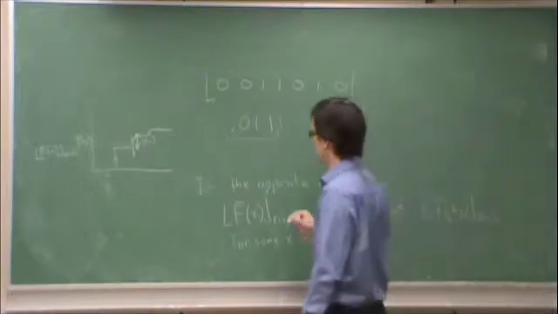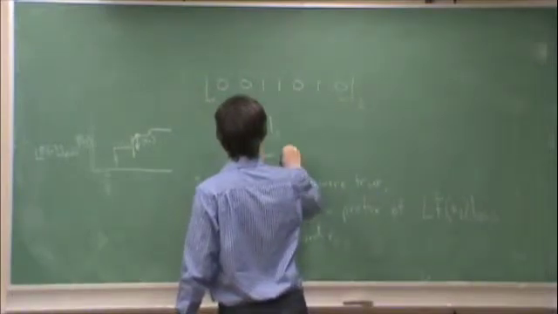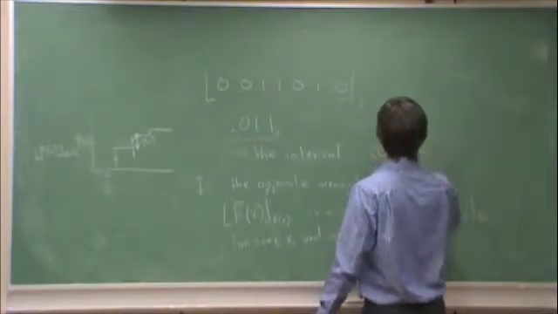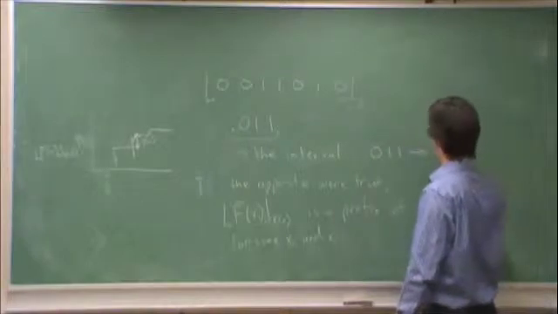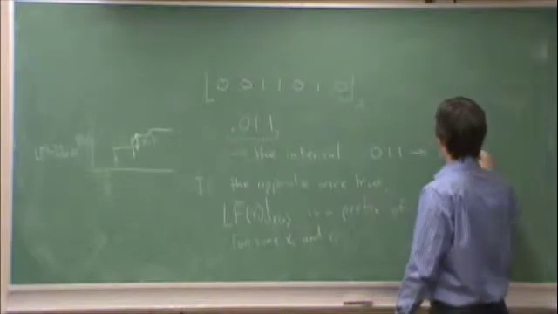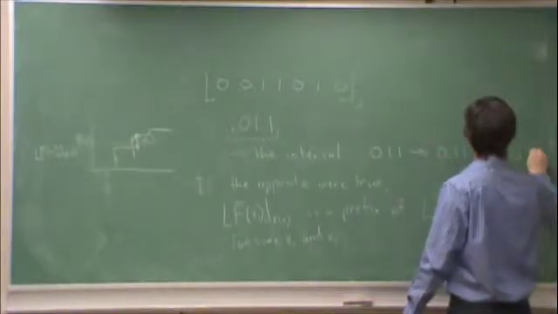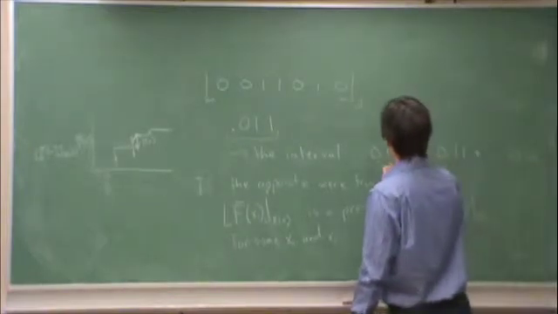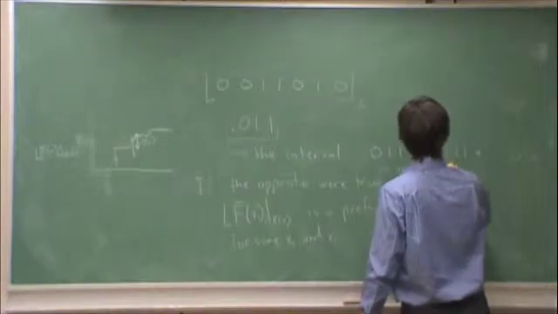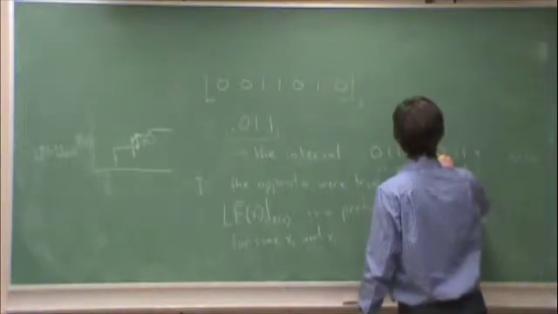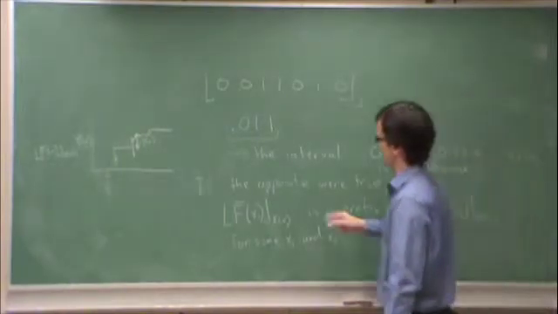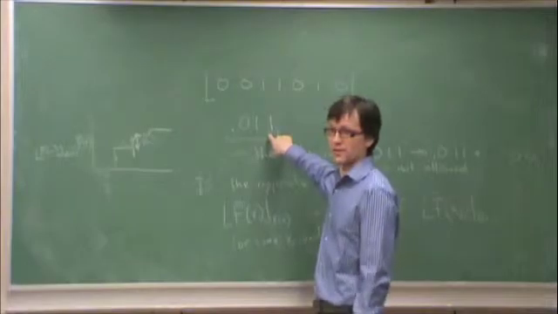So the interval from 0.011 to 0.011 plus 0.001 is not allowed. In other words, any other code word beginning with 011 is not allowed.